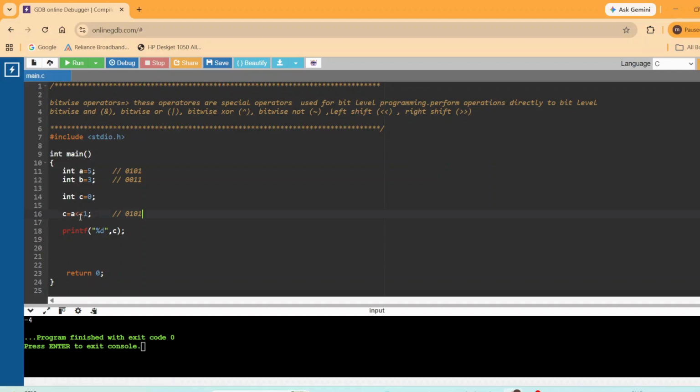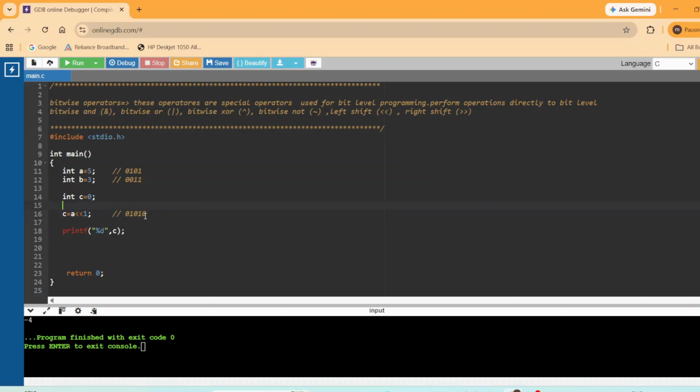So a left shift 1 means this will move to here, adding 0 in the last position.